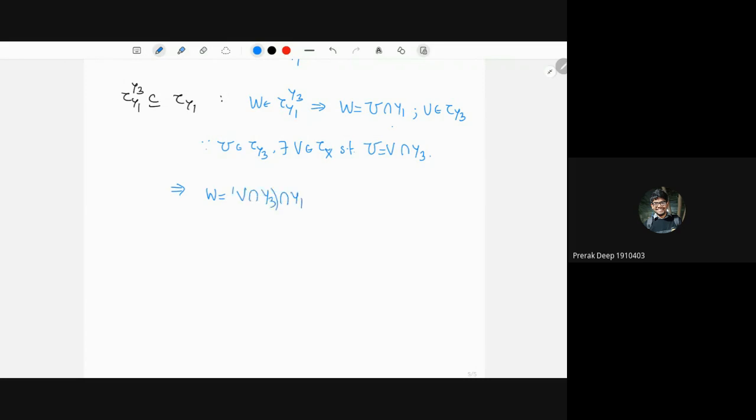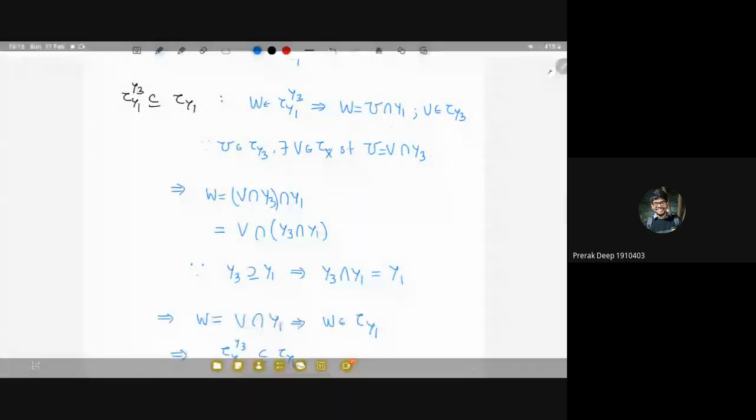As I said earlier, intersection of sets is associative in nature, so you can consider this intersection. Since y3 contains y1, the intersection of y1 and y3 must be equal to y1. So w is equal to v intersection y1, which implies that w is an element in tau y1.